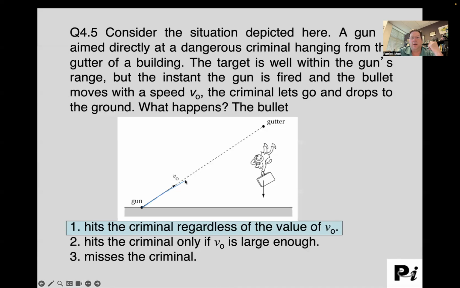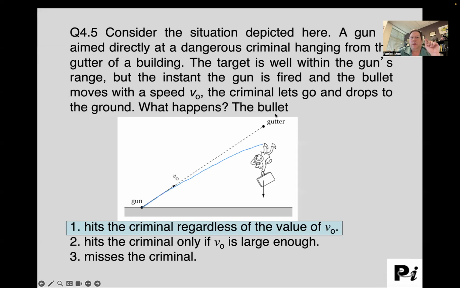So the bullet is initially going to follow that pretty closely, but then gravity is going to cause it to free fall below the straight line trajectory. And here's the key. However long the person is in free fall, starting from rest vertically, is the same time that the bullet is in free fall below the straight line trajectory.